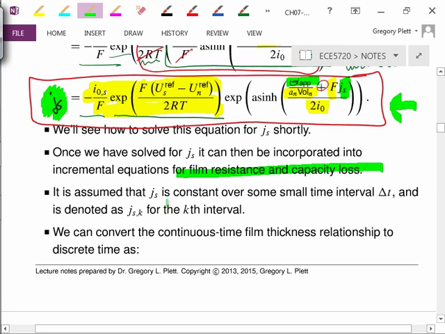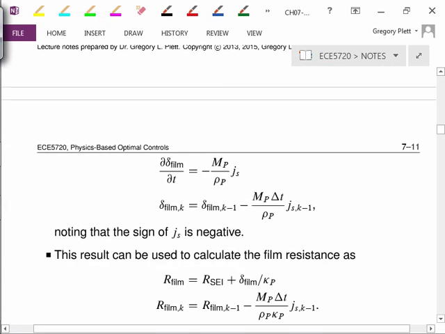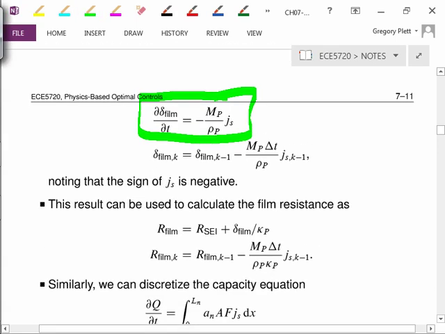To do that, we assume that over our sampling interval of our model, delta t, that Js is basically constant, so we'll call it Js comma k for this kth time interval. We convert the continuous time model from Ramadas that said this is how the film grows into a discrete time version using the same kind of techniques that we looked at for converting continuous to discrete in the previous course.